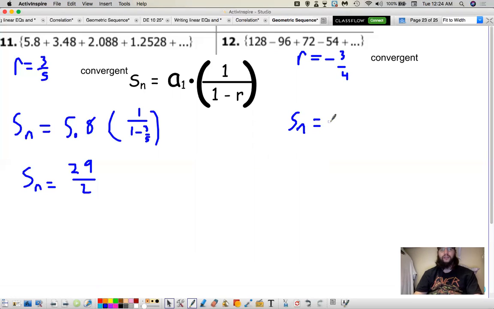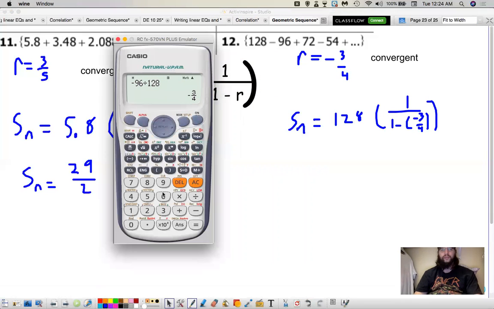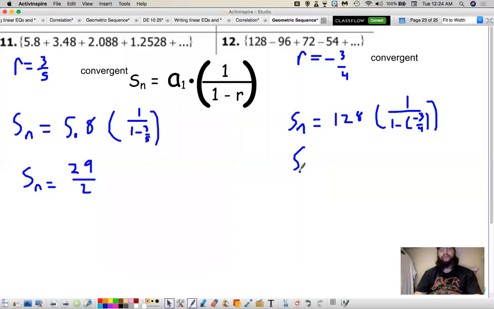So Sn is equal to 128 times 1 over 1 minus negative 3/4. That gives us 512 over 7.